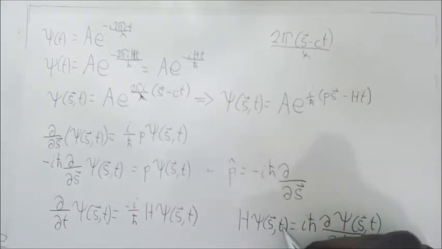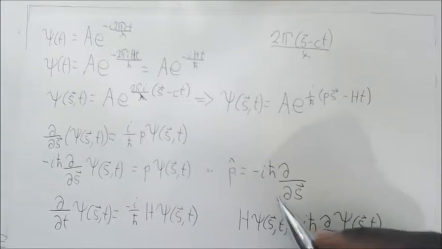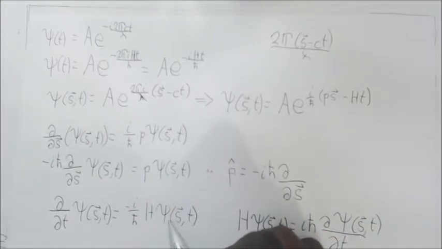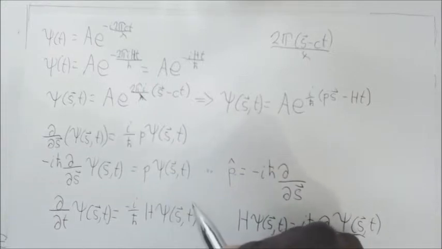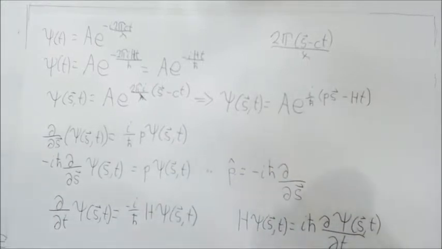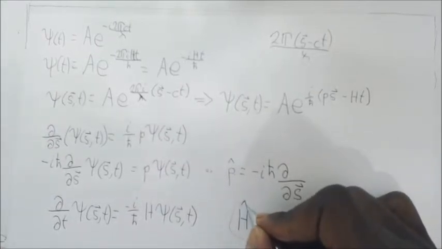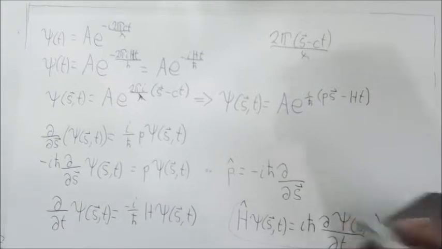And as you notice, again, the derivative of the wave function with respect to time gives you a scalar multiple of itself, so that's also an eigenfunction. And what we just got here is the Hamiltonian. If we put an H caret, that's essentially the Hamiltonian operator, which, as I said, acts like energy.